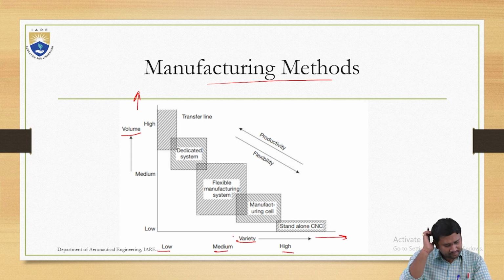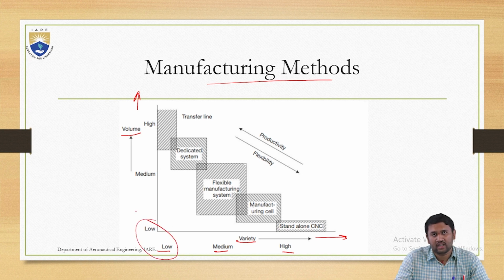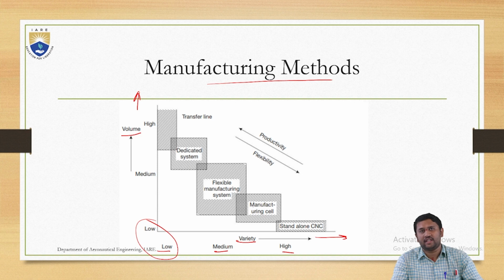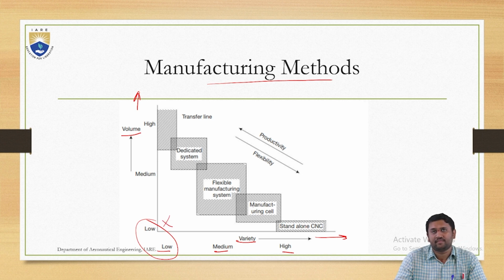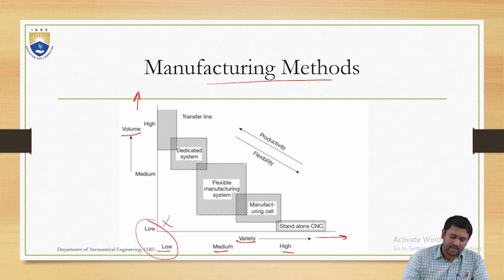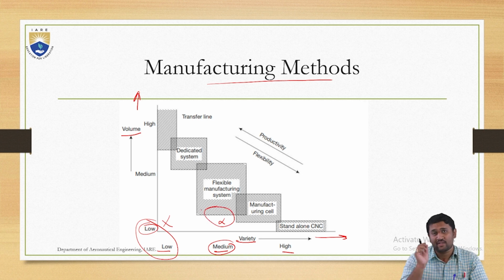Now, if you are going for low volume with low variety, what area does it lie in? Basically, it is not feasible. Medium variety with low quantity will come under a flexible manufacturing system, somewhat, but not that flexible.